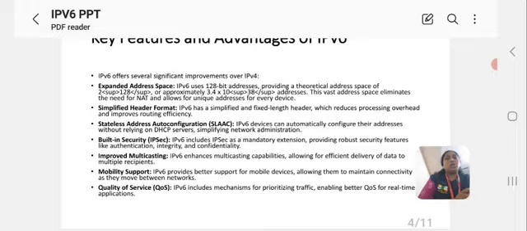IP version 6 also includes IPsec as a mandatory extension, providing robust security features like authentication, integrity, and confidentiality. IP version 6 enhances multicasting capabilities, allowing efficient delivery of data to multiple recipients. It also provides better support for mobile devices, allowing them to maintain connectivity as they move between networks.